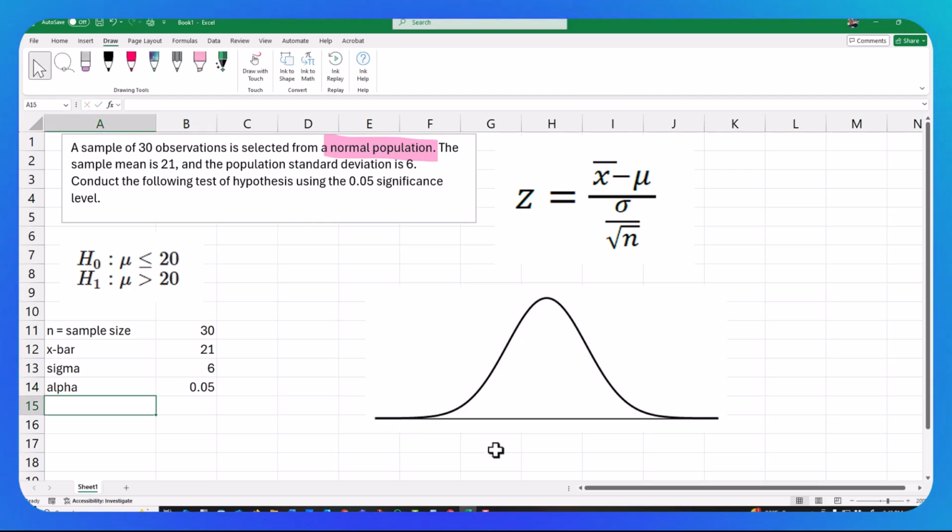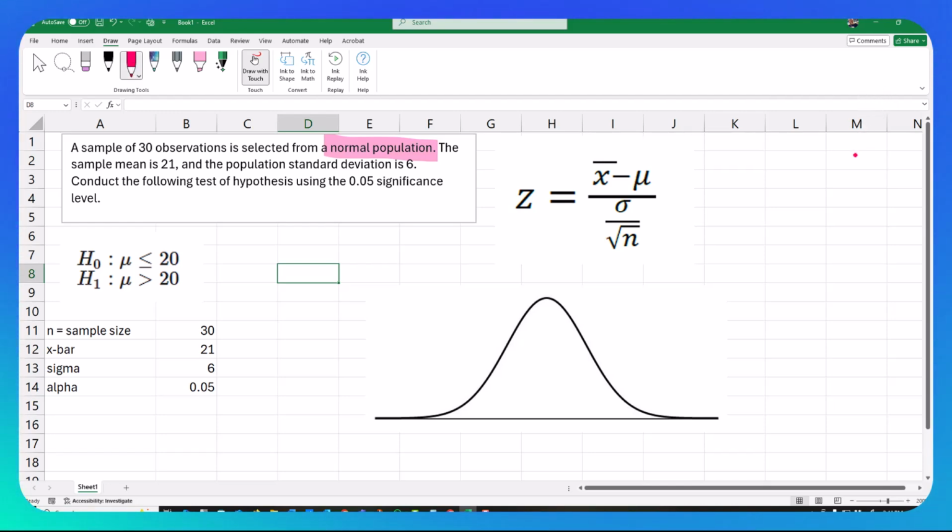What we want to do here is remember that a standard normal is standardized to a mean of 0.